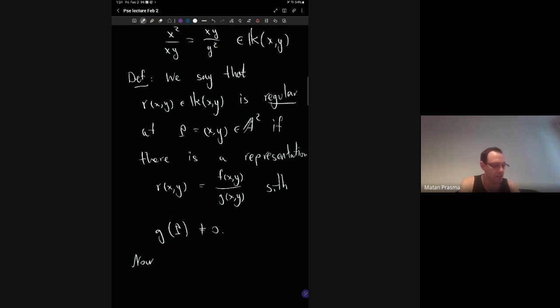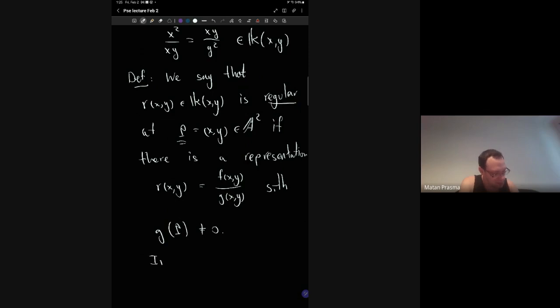I mean, if R is not regular at P, then you cannot define the resulting function at P. Maybe I should add to the previous definition.